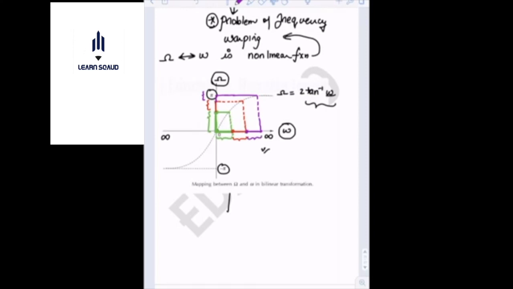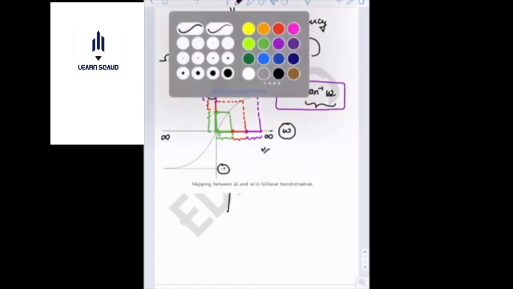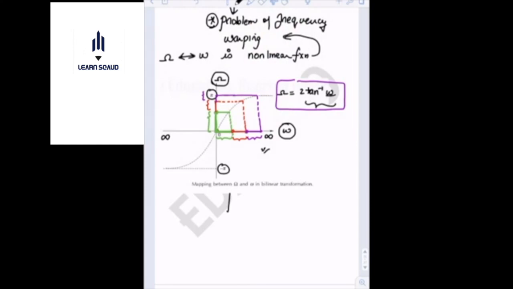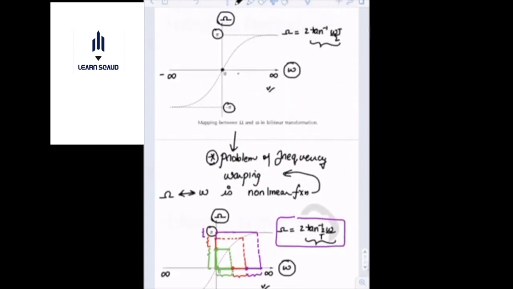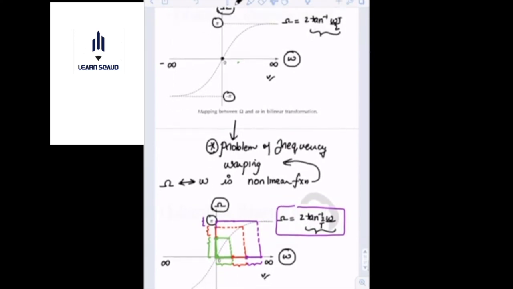Now what we can see here is that due to the nonlinear relationship, the relationship was omega T by 2.